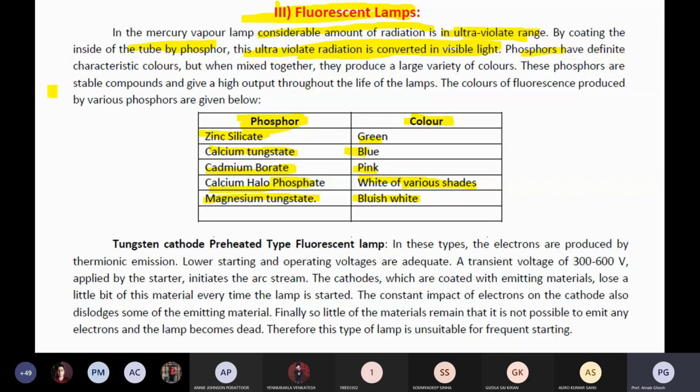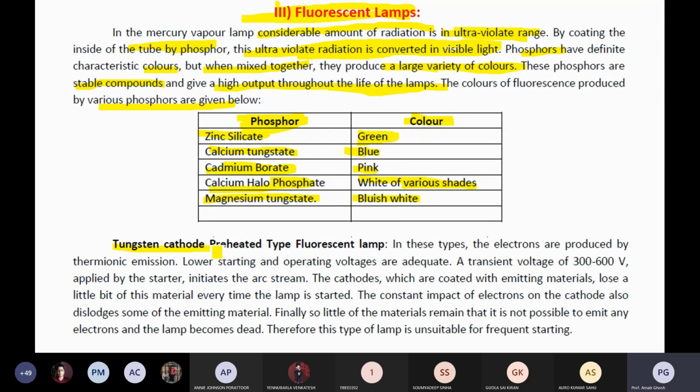Phosphors have definite characteristics of color, but when mixed together, they produce a large variety of colors. These phosphors are stable compounds that give a high output throughout the life of the lamp. The colors of the fluorescent lamp are produced by the various phosphors given below. I have already discussed what type of phosphors you use for different colors, so different colors you can see here.